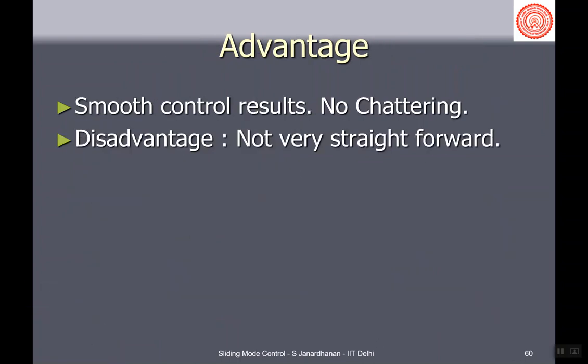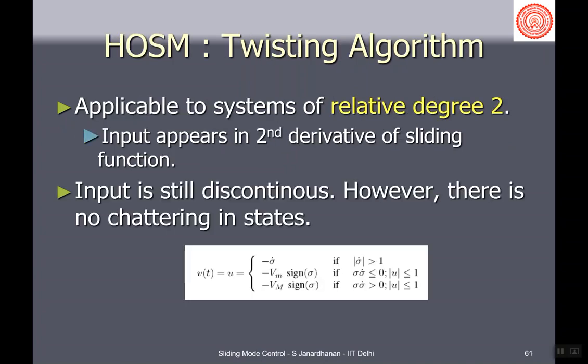Now, what is the advantage of it? Since s dot is 0 and not discontinuous, there is no chattering problem. The disadvantage, very easy to guess, is that the solution is not very straightforward.